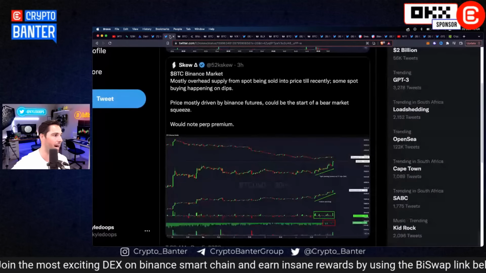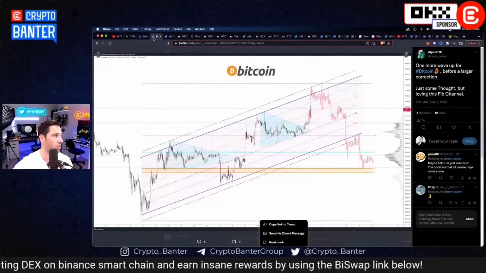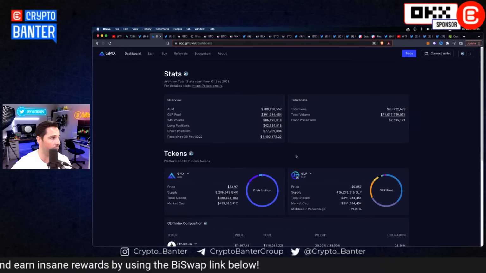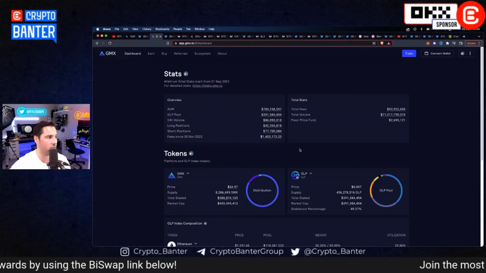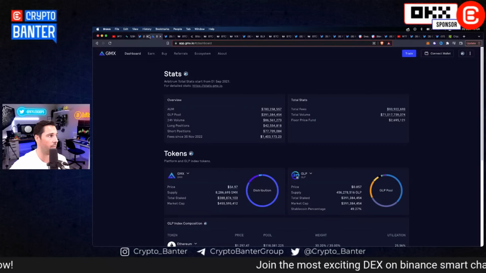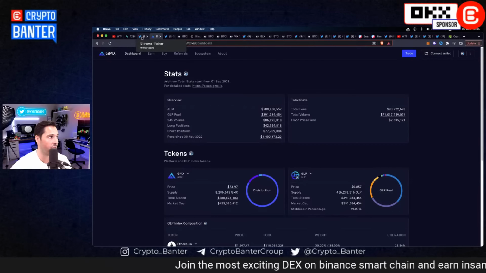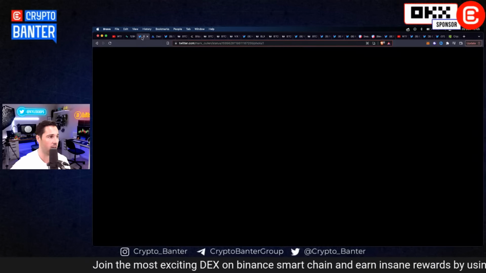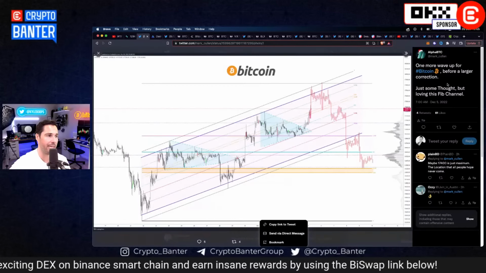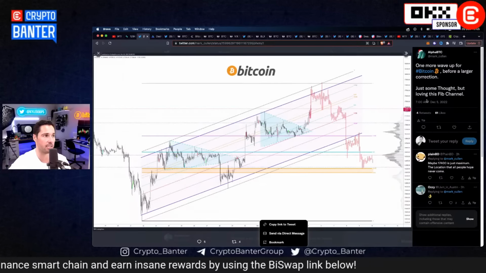So keep that in mind. That could lead into a short squeeze, which if you look over here, you currently have about 2-to-1 of shorts versus longs. So at least 2/3 of the people are running shorts, which means there is a potential for a short squeeze.